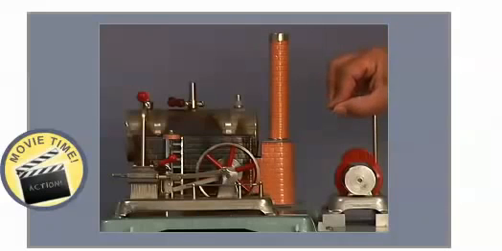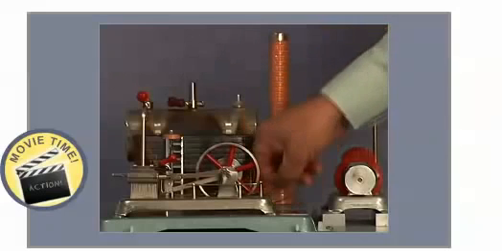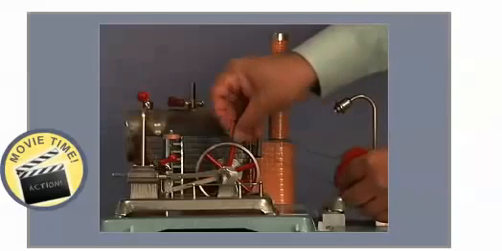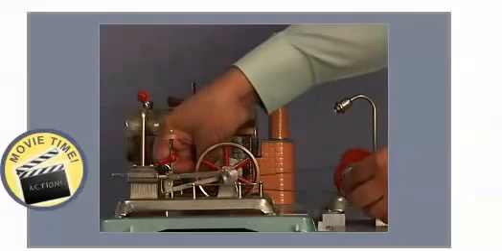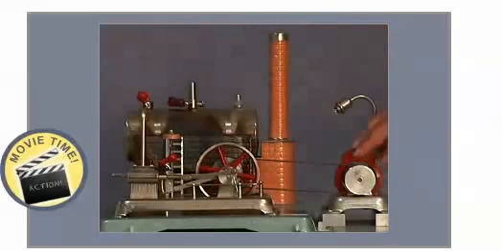There are two ways in which you can generate electricity. You can go to the power plant and keep on turning this with coal or oil or natural gas. Or we could use some other way to turn this armature. That's what I'm choosing here. I'm using steam to turn this generator.